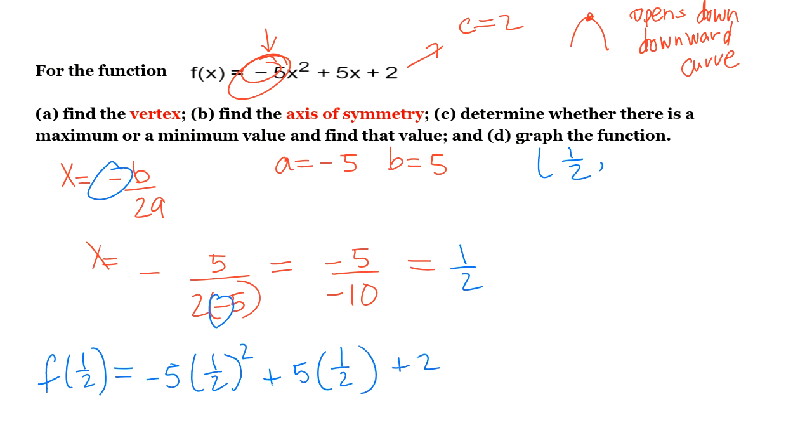So 1/2 squared is going to give me 1/4. And so that gives me -5/4. And then here, 5 times 1/2 is 5/2 plus 2.